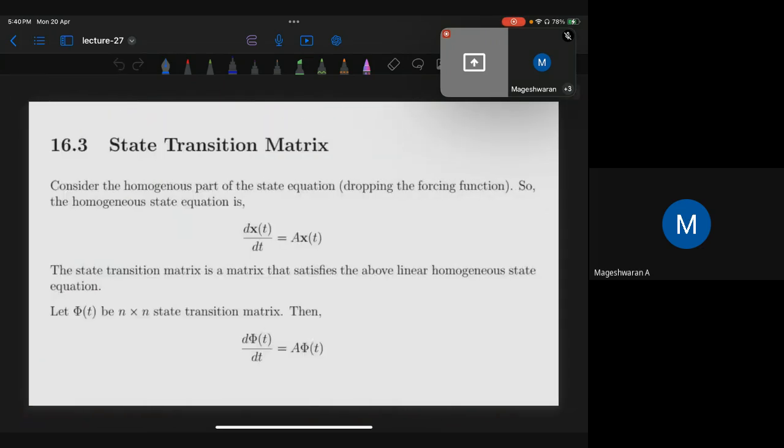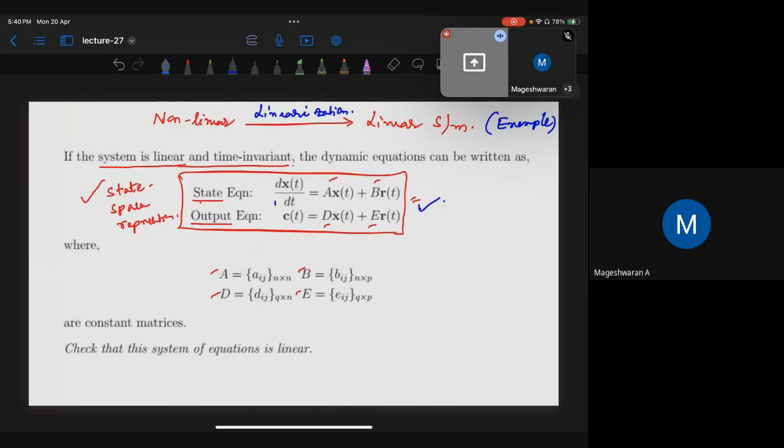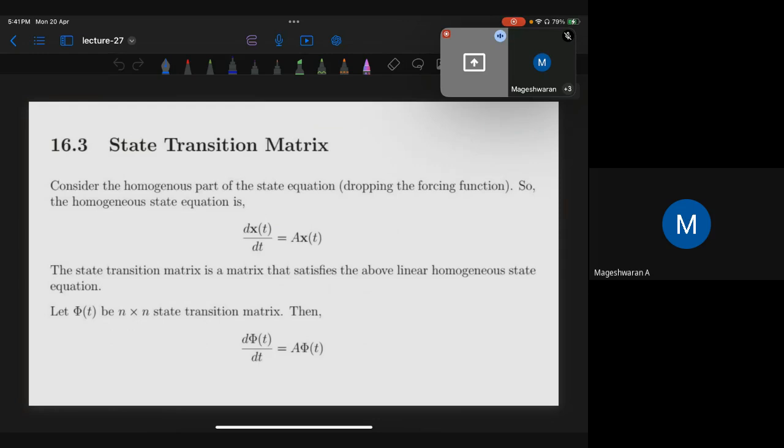Next, the state transition matrix. Suppose in this equation you consider only the homogeneous part. Why are we calling it homogeneous? Here R of t is the input. Without input, this first part is called the homogeneous part of the equation.